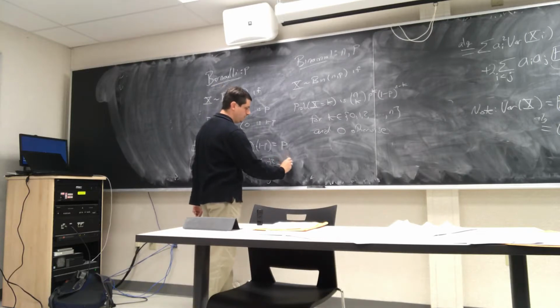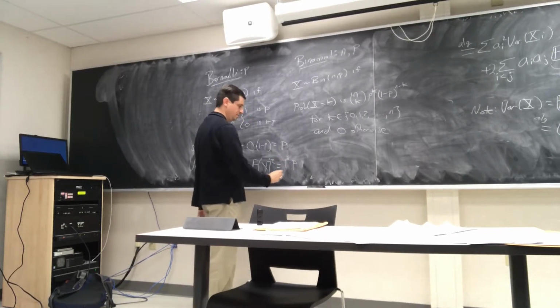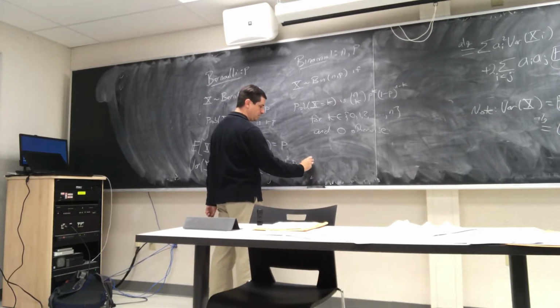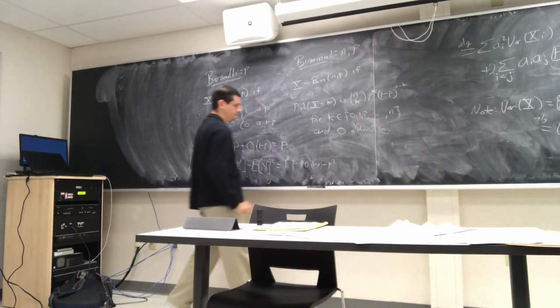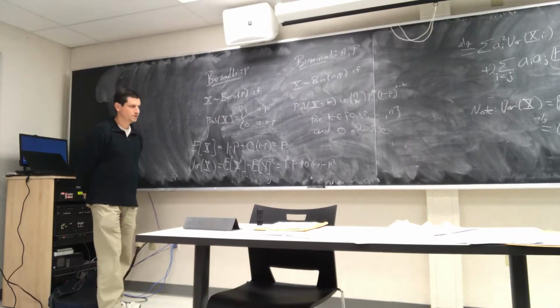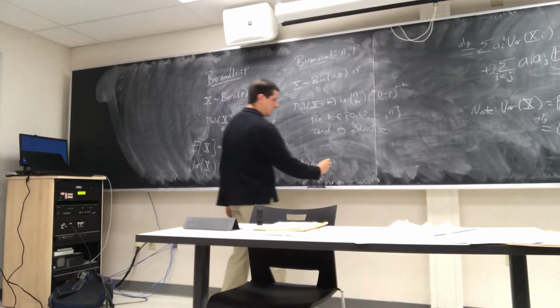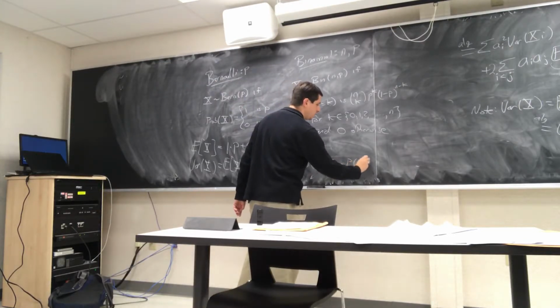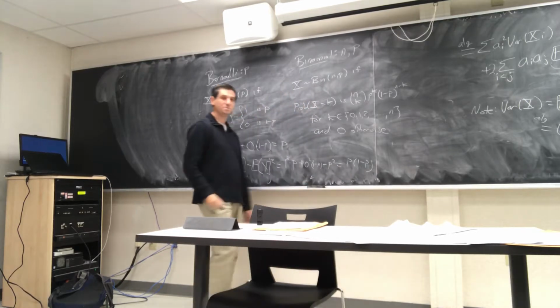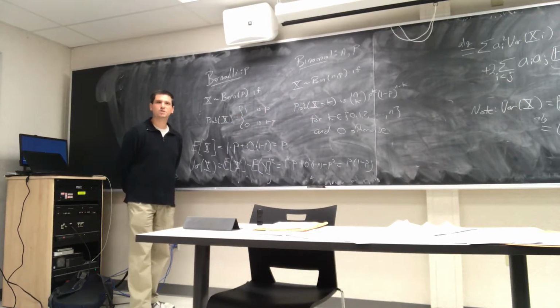It's 1 squared with probability p plus 0 squared with probability 1 minus p, and then I subtract off p squared. So what's the variance equal to? p minus p squared. And so I'm going to write that as p times 1 minus p.